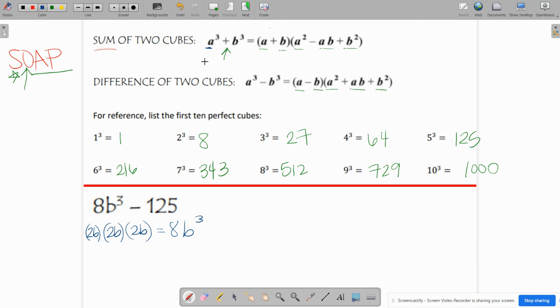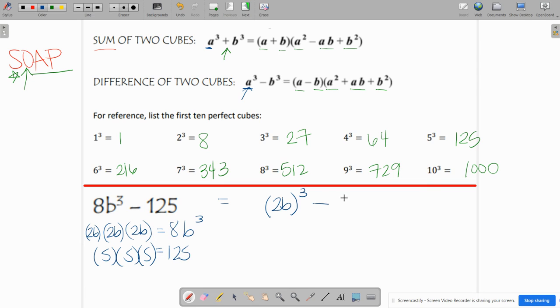Essentially, now we're talking about a difference, so this value is going to be 2b, the quantity cubed, minus, and we're just rewriting this another way, 125 is 5 times 5, which is 25, times 5. So this is going to be 5 cubed.